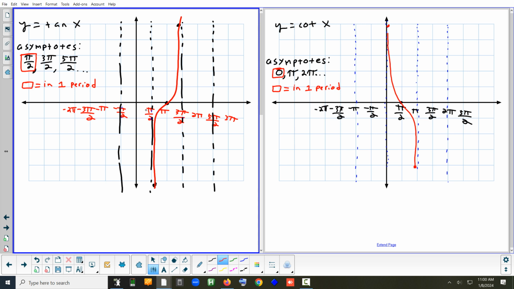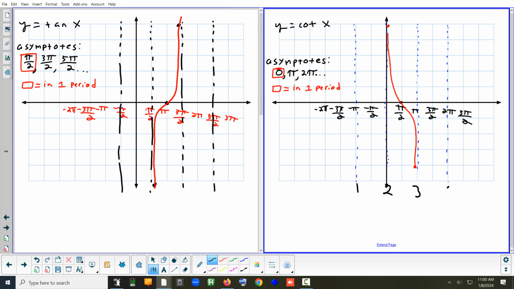It's really one, right? It's really just one. It can't be two, because if you call this like asymptote 1, 2, 3, and 4, we can't say that asymptotes 2 and 3 both belong to that red curve.